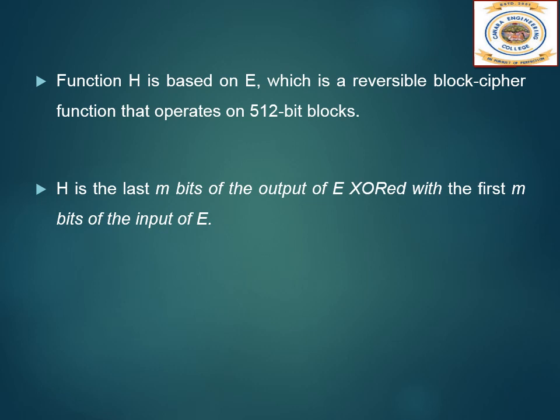Function h is based on E, which is a reversible block cipher function that operates on 512-bit blocks. h is the last m bits of the output of E XORed with the first m bits of the input of E. The security of SNAFRU resides in function E, which randomizes data in several passes.